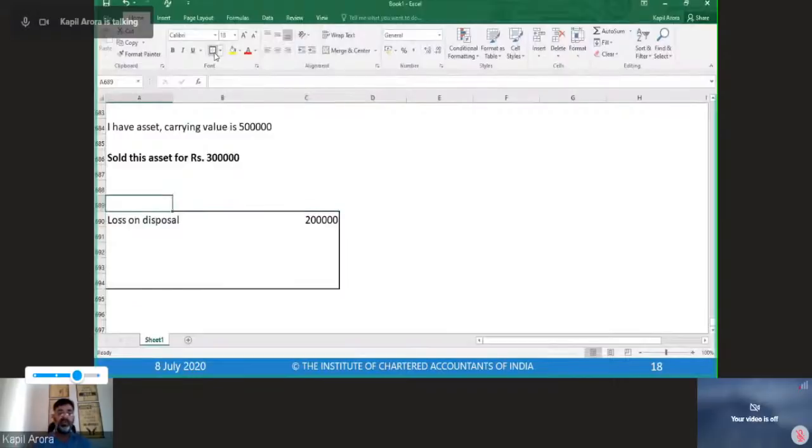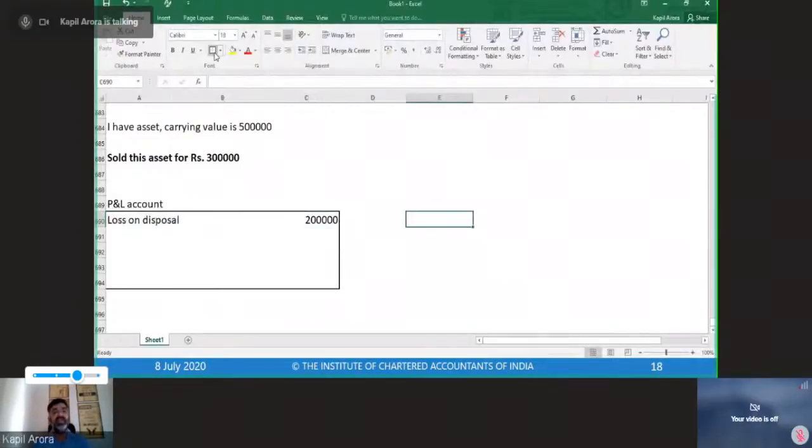Which is sitting in my profit and loss account. But the question is, does this loss have anything to do with the cash flows?